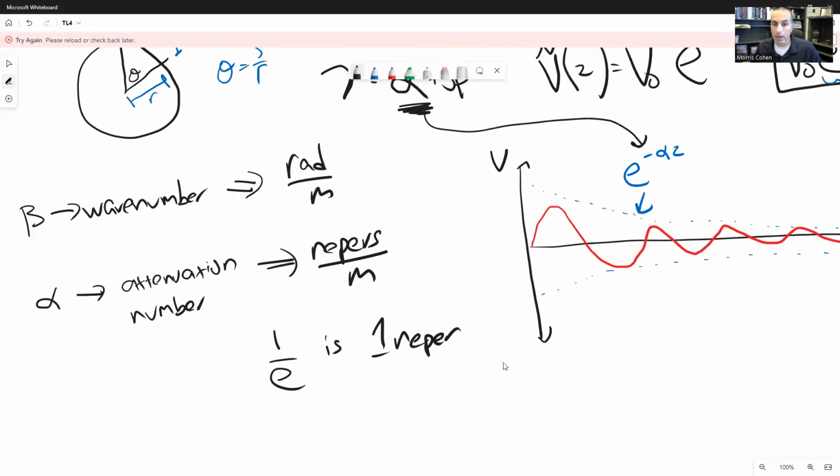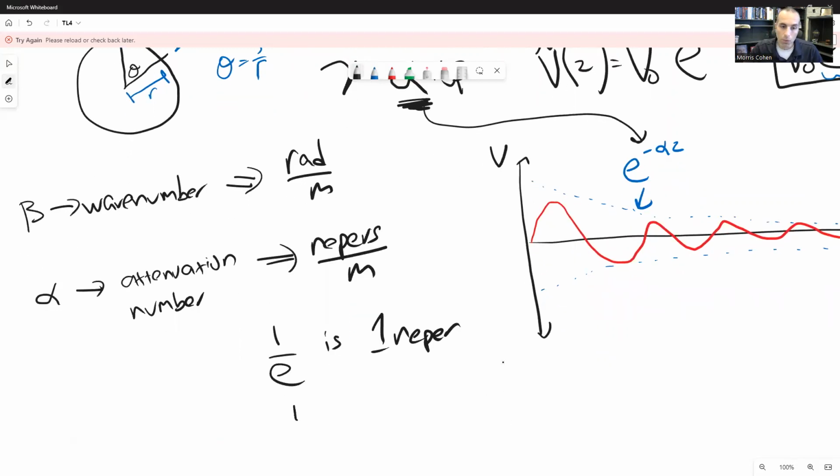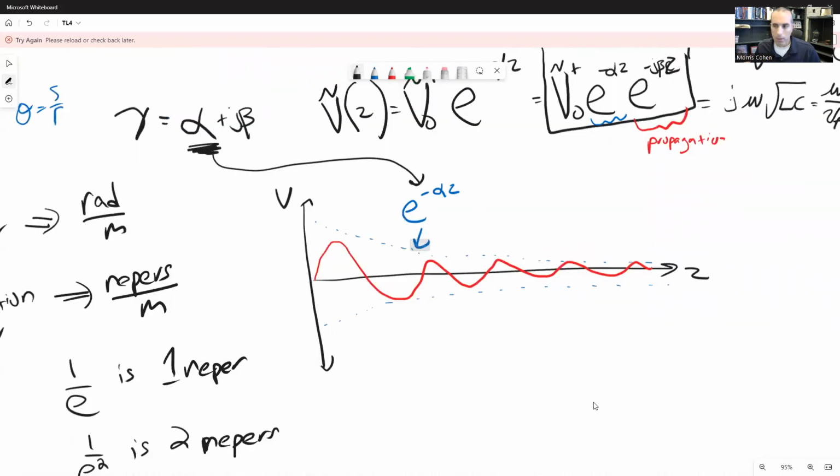All right, and this is exponential. So 1 over e squared is 2 nepers. Right, so each neper implies a 1 over e reduction in the amplitude. And so what this alpha tells us is how many 1 over e reductions we are seeing every meter. And so then we know exactly how quickly the wave is attenuating, and it just follows e to the minus alpha z. All right, so that is all true in general.